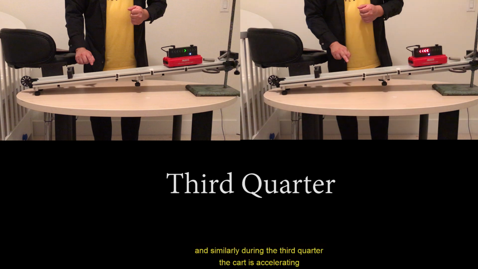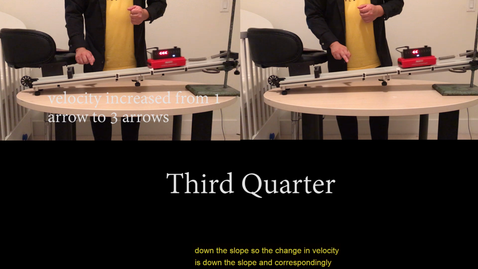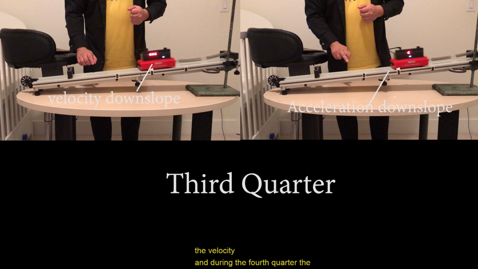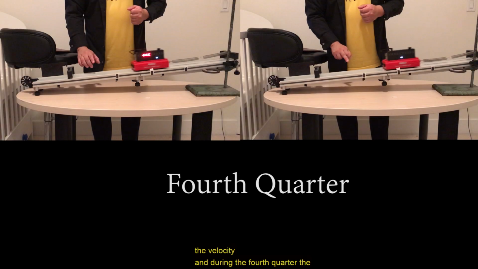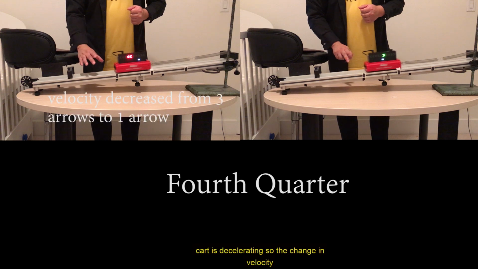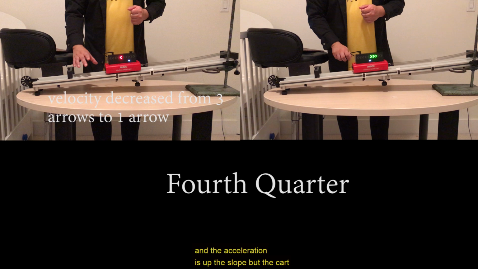Similarly, during the third quarter, the cart is accelerating down the slope, so the change in velocity is down the slope, and correspondingly the acceleration is down the slope, which happens to be in the same direction as the velocity. During the fourth quarter, the cart is decelerating, so the change in velocity is up the slope, and the acceleration is up the slope.